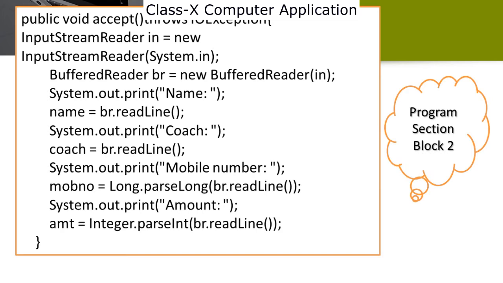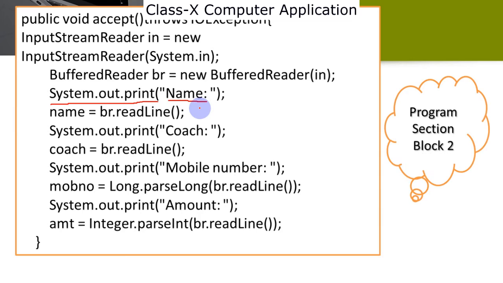Now the first one, you can see here, is System.out.print. What has to be printed? Name has to be printed. Name does not have any calculation, so whatever you write in the double quotes is the statement. Once the statement Name is printed, the cursor should start blinking.